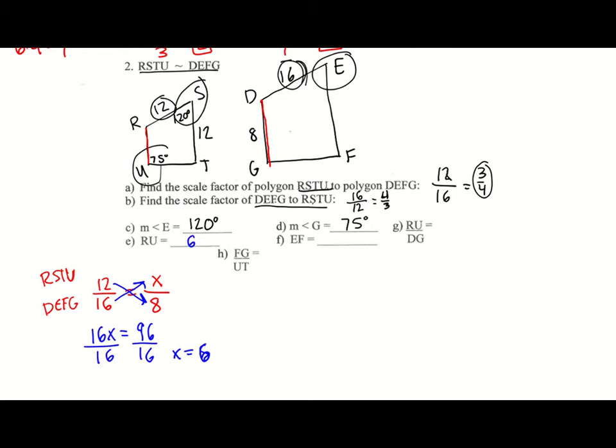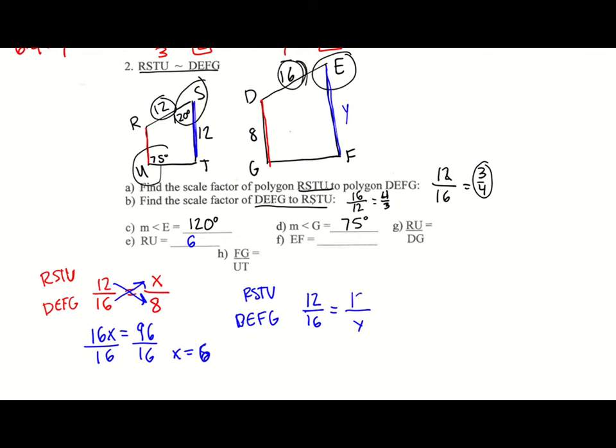Okay, now I'm going to find EF, and I'm going to do the same thing. I'm going to start with my ratio that I know, which was 12 over 16. And again, I've got RSTU on top and DEFG on the bottom. Okay, if I have EF, that is my DEFG, so that is my y, I'm going to call it this time, so I don't know what that is. And that side is going to be similar to ST, which over here is 12.